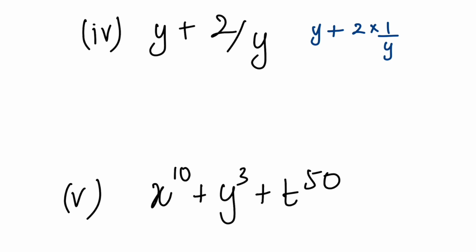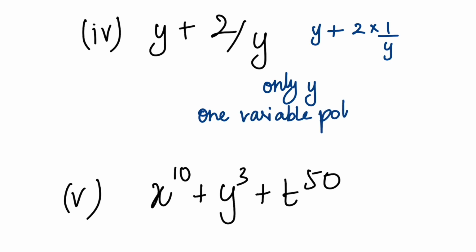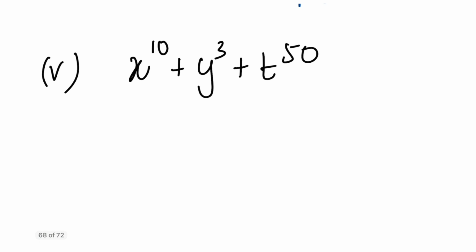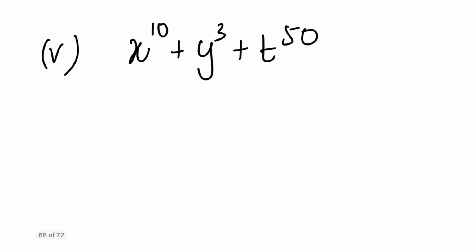So basically we have two terms here, but we know the underlying variable is just y, and hence it is a one variable polynomial. I hope you got it. It's very simple. There is nothing complicated here.